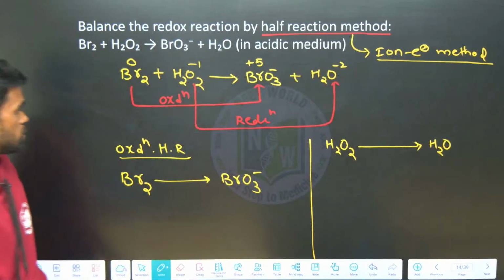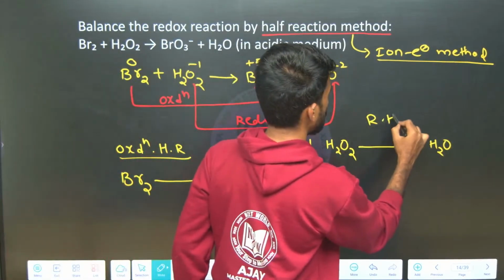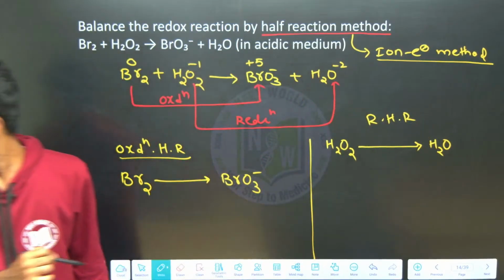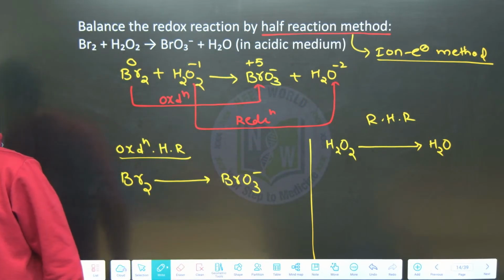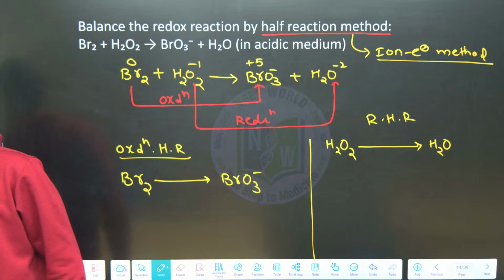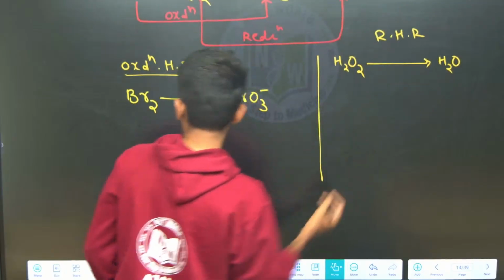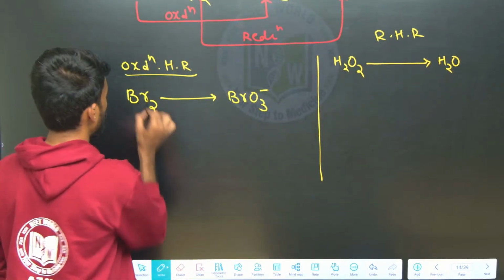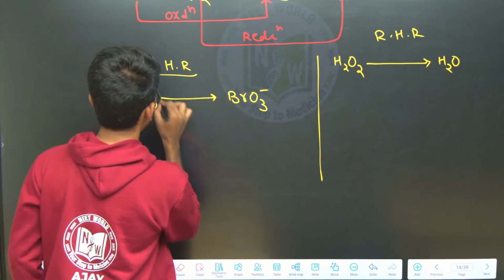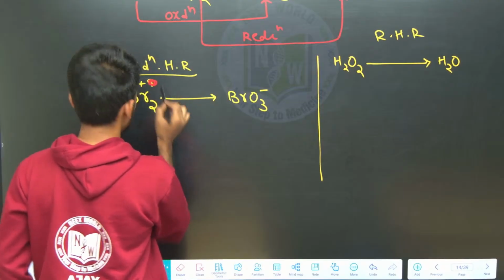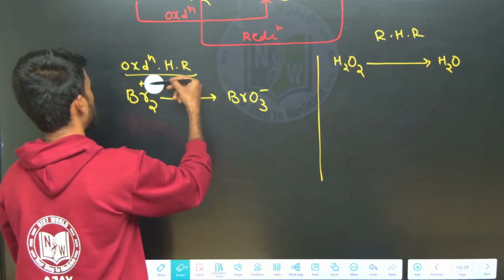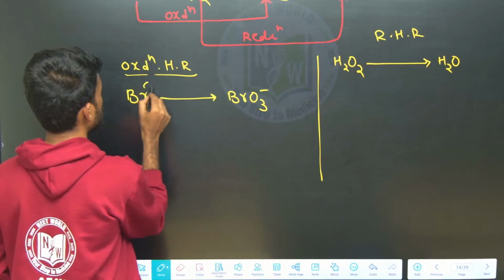These are the oxidation half and reduction half reactions. Okay, 0 is converting into +5.